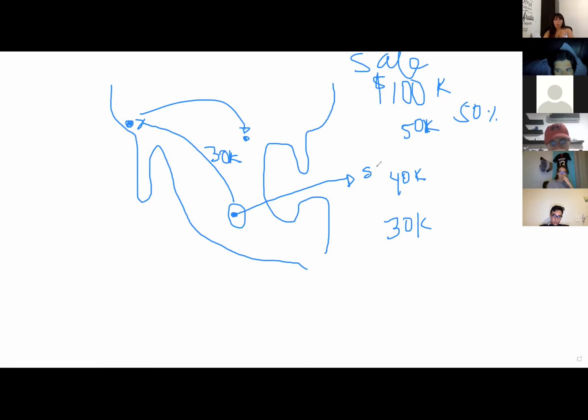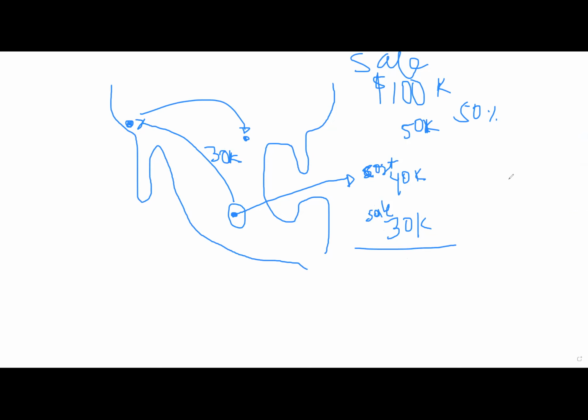This is the cost for the Mexican company, but you are selling to Elon Musk at 30K because it's my own company. What would be the gross margin for this transaction? $10K loss.